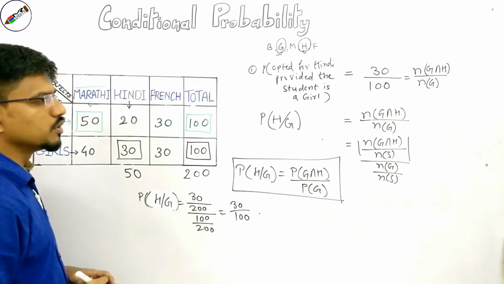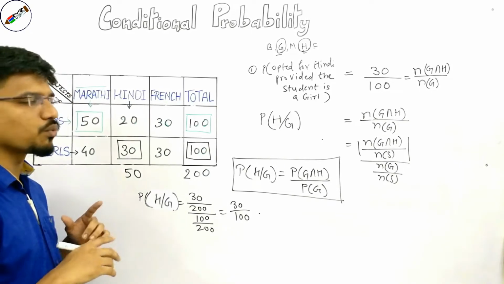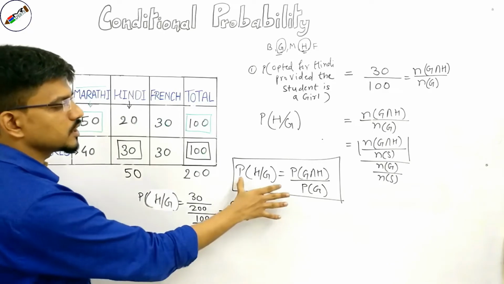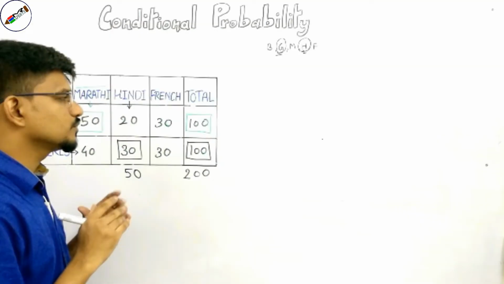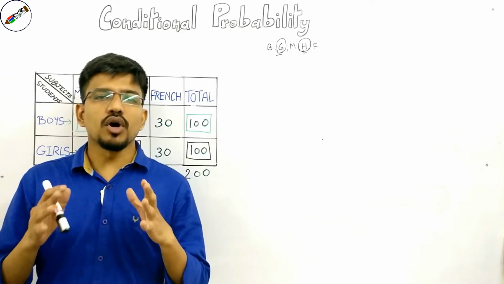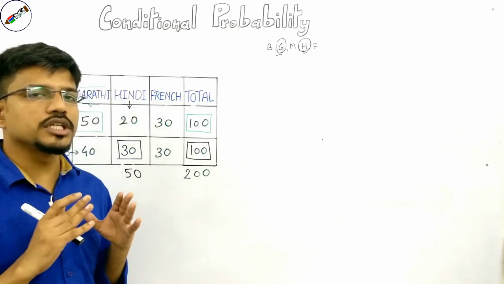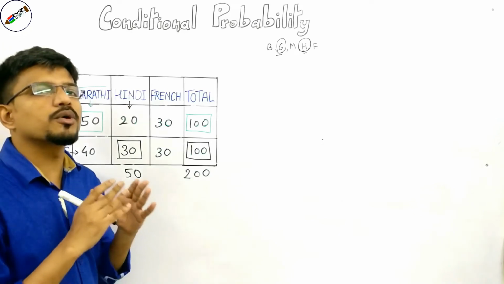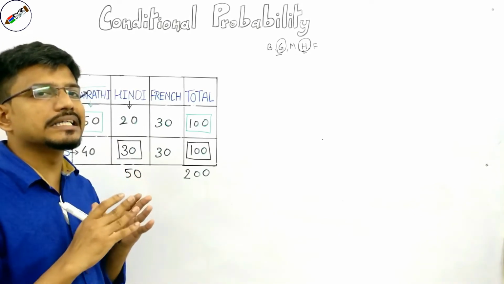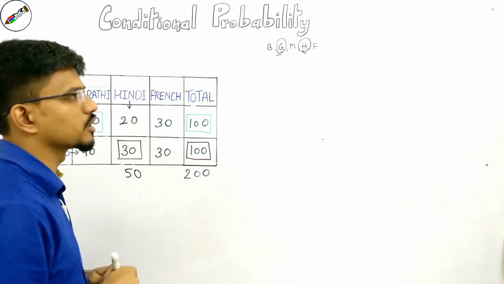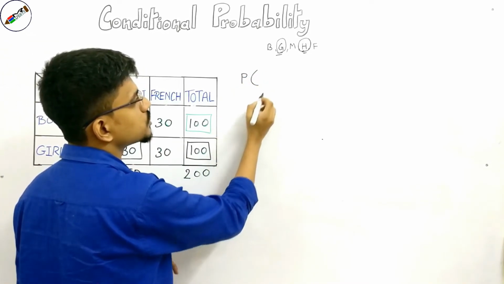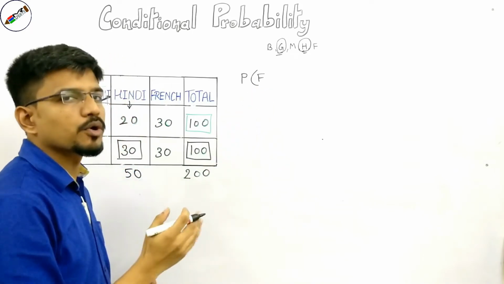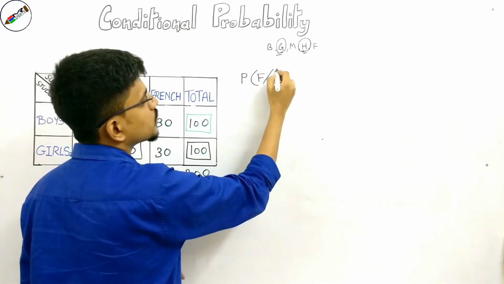Now what we do is let us try and calculate one example using the direct formula. So the question is, the student has opted for French provided that the student is a girl, and we have to find the probability for that. How may I write down that? Find the probability that the student has opted for French provided that the student is a girl.